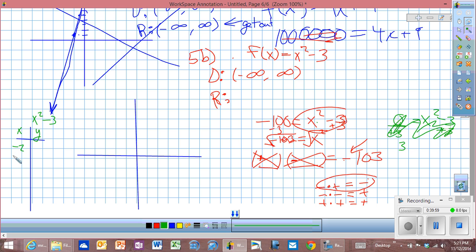I'm going to plug in like negative 2, negative 1, 0, 1, 2. Those are the numbers I'm always going to try to start with. And remember, this is an x squared. I want something that's U-shaped. Okay, I can't draw a U. U-shaped, that parabola. Looks like a parabola.